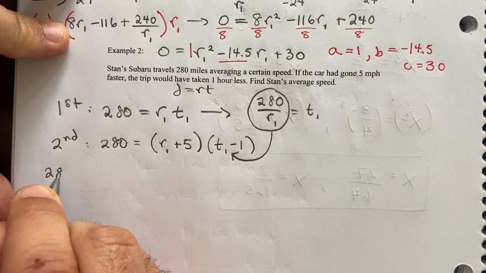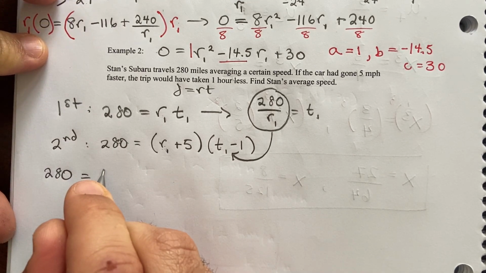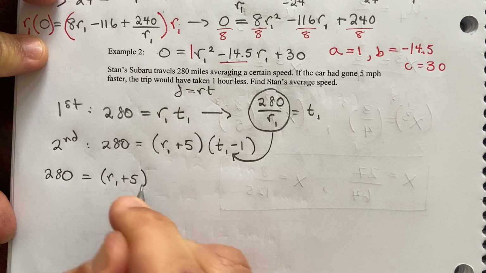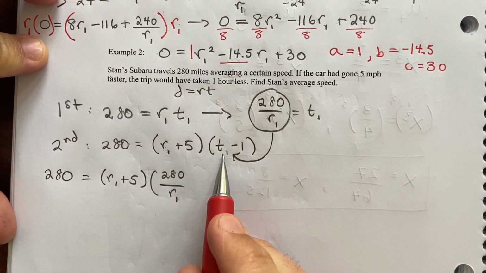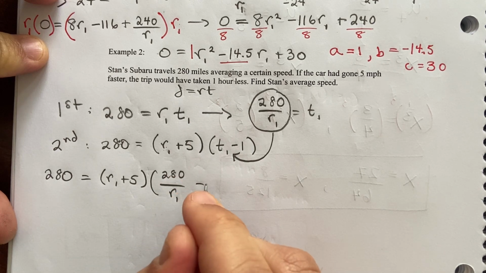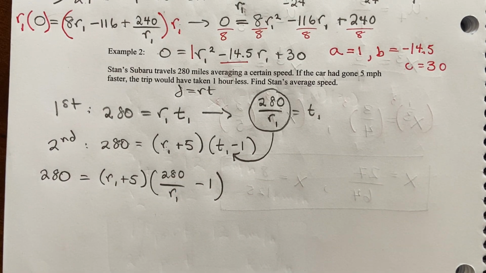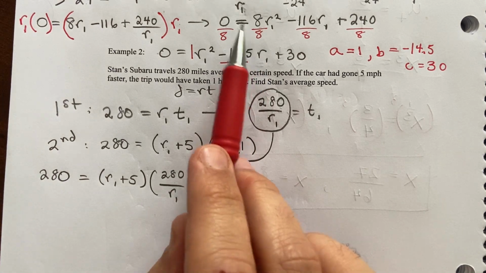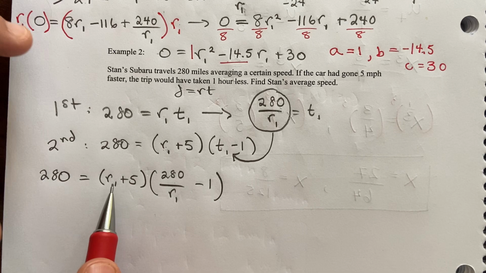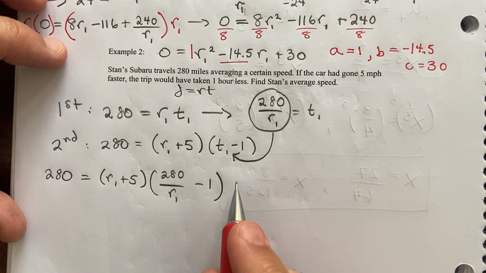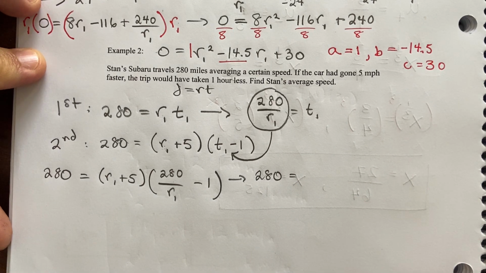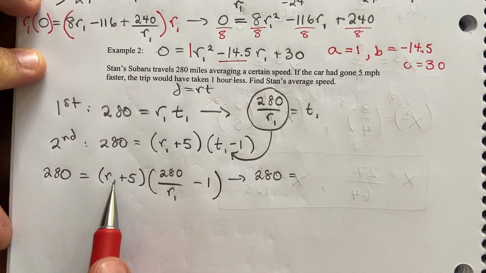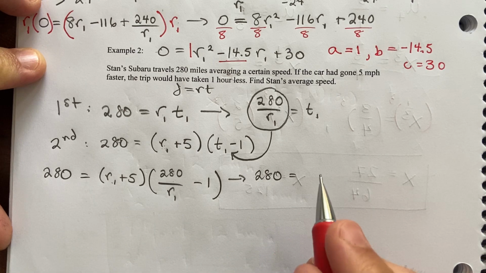So in other words, we have 280 equals R1 plus 5 times 280 over R1, right? Replacing T1. And then I still need to subtract 1. Solving this for R1 in a similar way that we did the one above. So I'll go ahead and FOIL this out. So I have 280 equals R1 times 280 over R1.